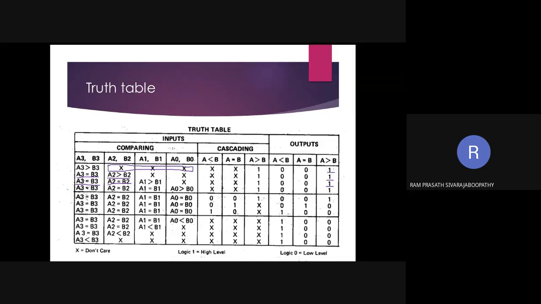A3 equal to B3, A2 equal to B2, A1 equal to B1, A0 greater than B0 means now also A greater than B. Similarly, the lesser condition. So this condition is for lesser, this condition is for greater.